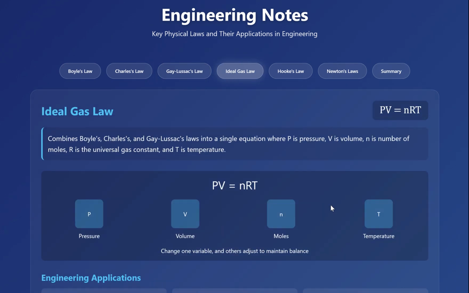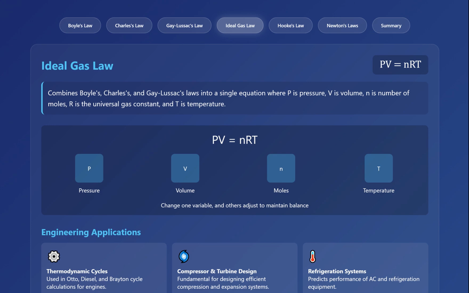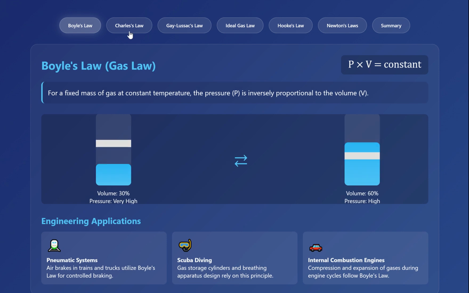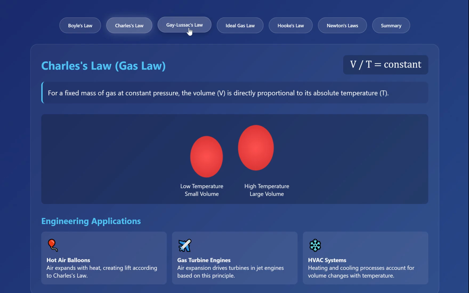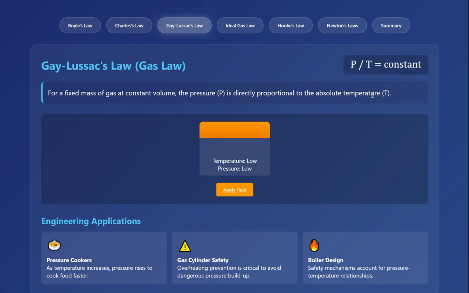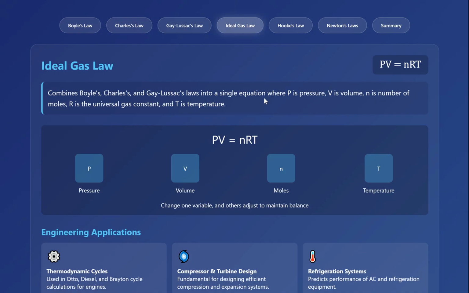Then you have what we call the ideal gas law. Another gentleman came to combine the three laws: Boyle's law, Charles' law, and Gay-Lussac's law. He combined Boyle's law for P and V, Charles' law for V and T, and Gay-Lussac's law for P and T into what we call the ideal gas law, to give a single equation where P is the pressure, V is the volume, and n is the number of moles.